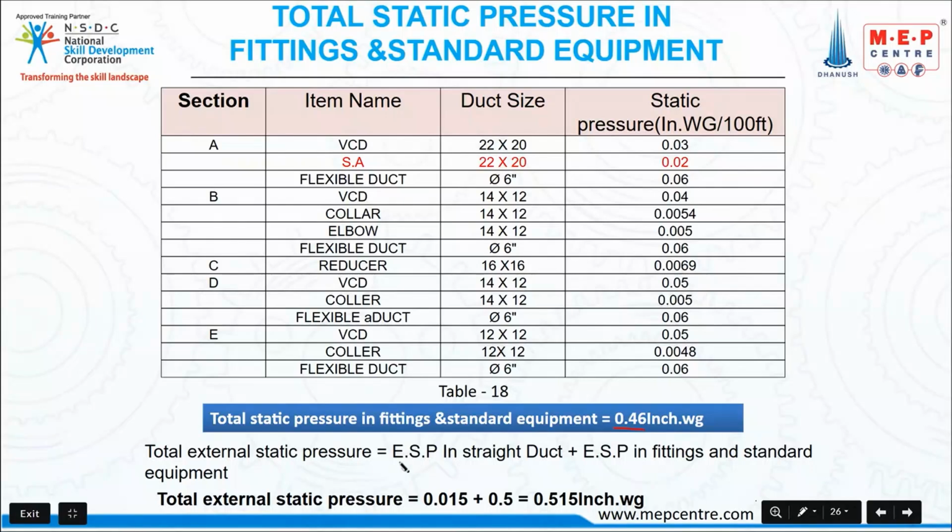What is the total value of the straight duct? 1.16, 1.15, which is nearby.